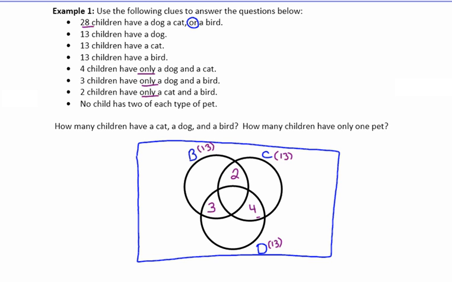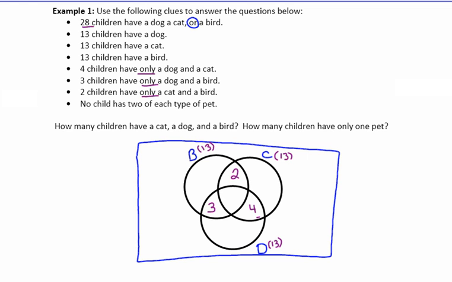Now, could we figure out this portion right now? Is that possible? No, it's not possible. Okay? So why not? What do you always have to have first? In order to figure out this, what would I need? The very middle. So in these, you always want to work from the inside out.